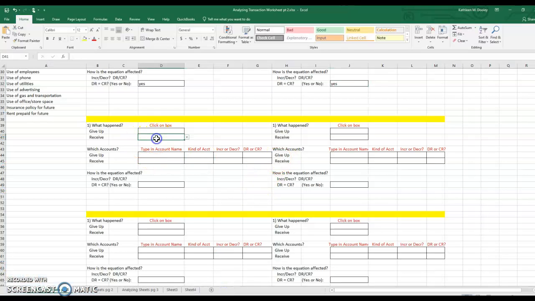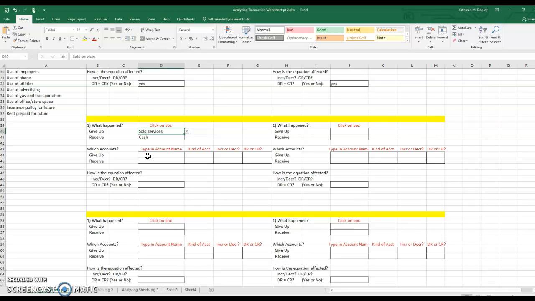So we received cash, and we gave up the fact that we performed services. Another way of saying that is that we sold services. That's what we gave up, that we had to perform, that we had to sweat, that we had to run around giving up our time.